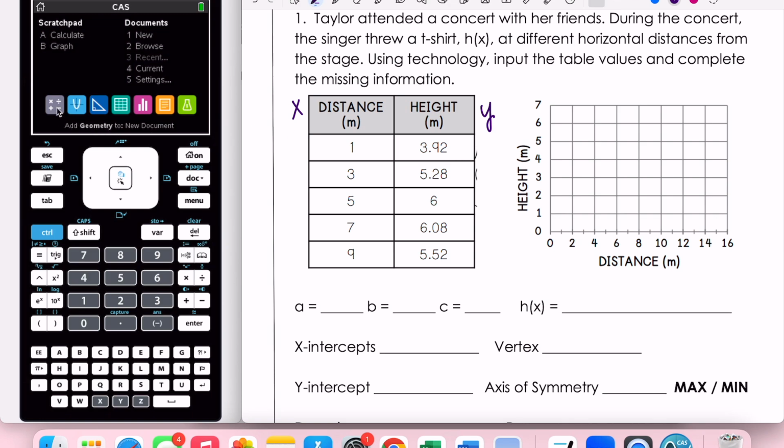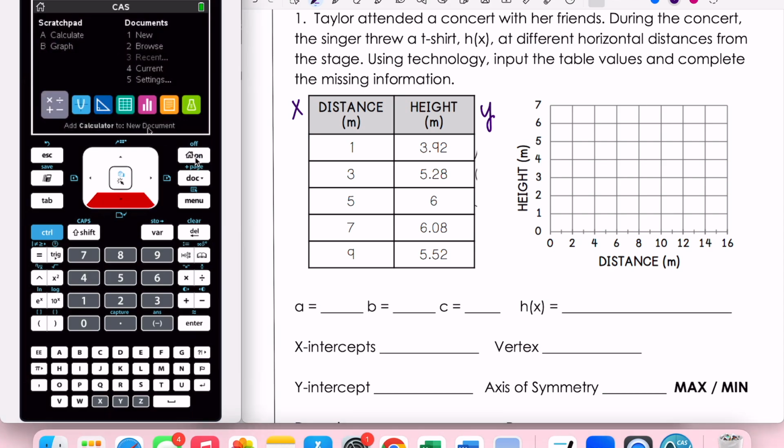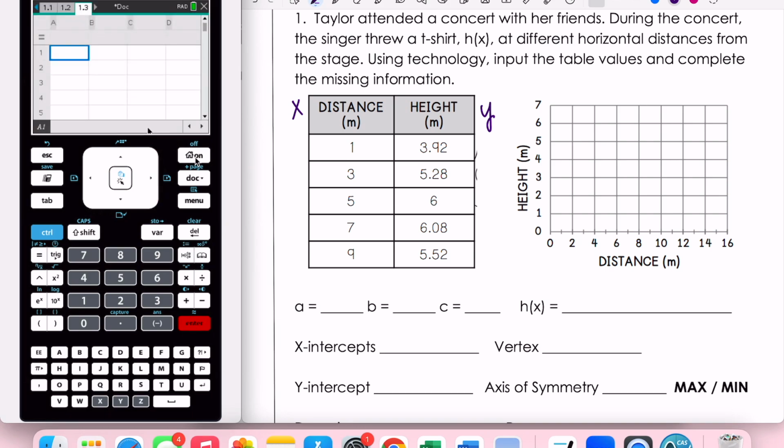We're going to start off by coming over to our calculator, and I am going to open up a lists and spreadsheets window. Anytime you are given a table of values and you're trying to find the equation of that table, go ahead and put it into lists and spreadsheets. So I'm going to go up to cell A and type in X, go over to B and type in Y, and then from here we are entering in our data.